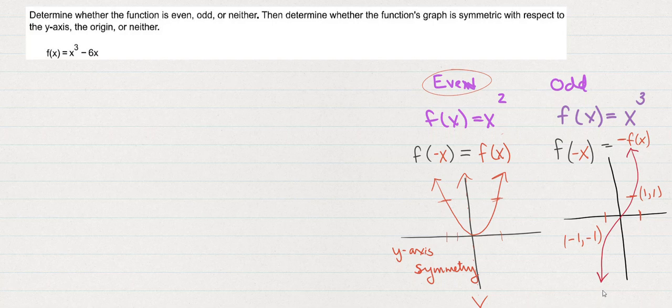The symmetry, it's as if we look at symmetry across the y-axis, so we'd come over here, and then reflect it about the x-axis, so we get this piece down here, and that's called symmetry about the origin.